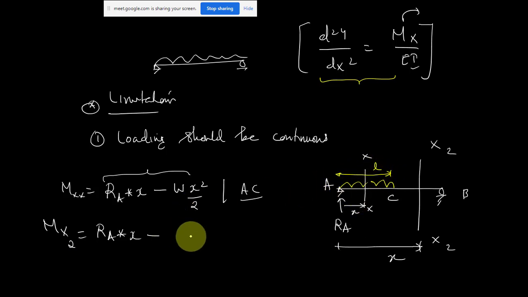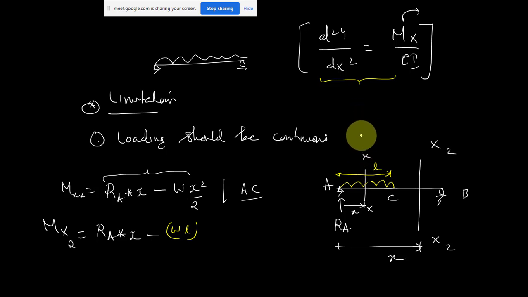X is the distance from support A to the section. UDL is total W into L, that is the total load.